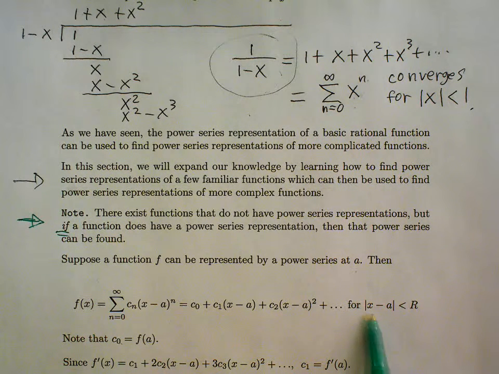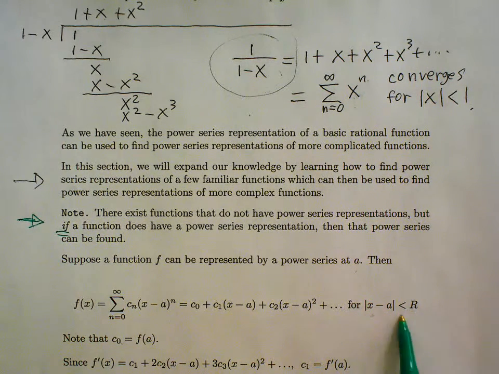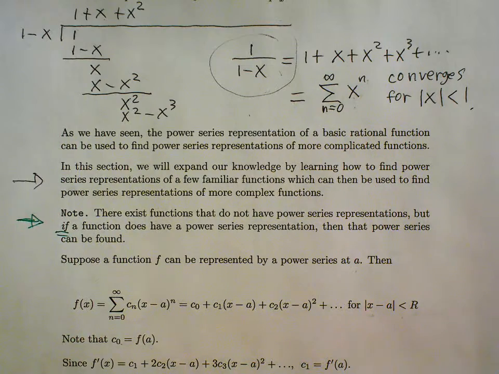And this is for the absolute value of x minus a less than the radius of convergence. So the radius of convergence can be anywhere from 0 to infinity, depending upon the function.